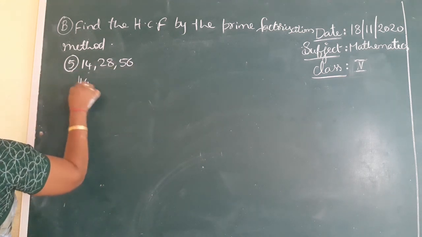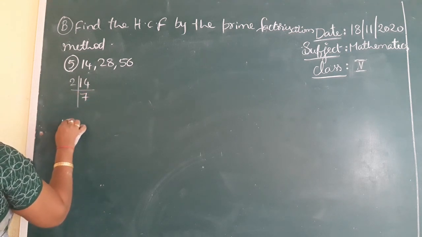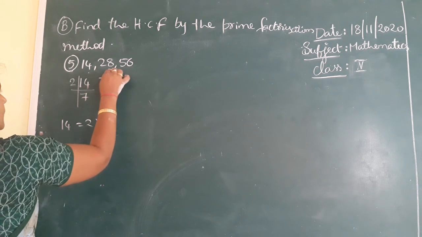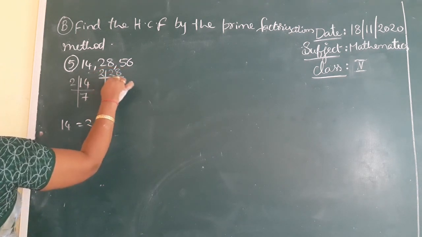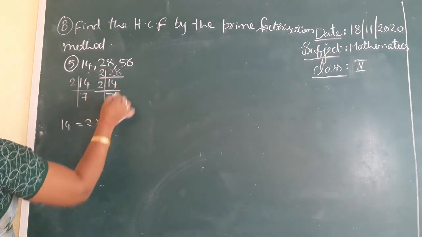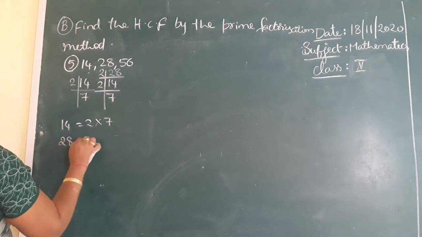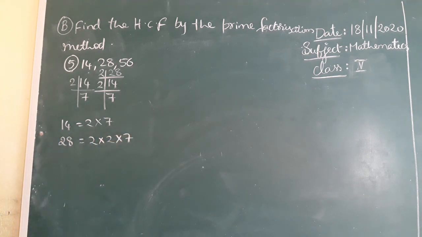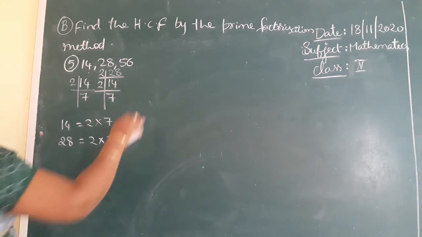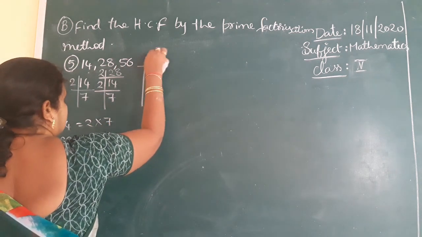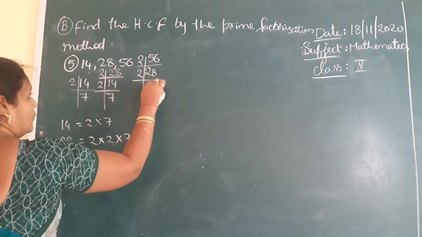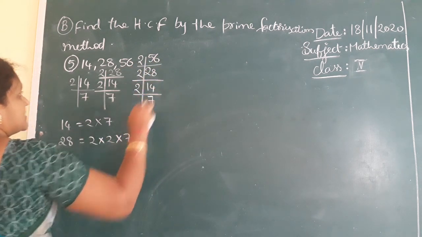14 factors. 2 sevens. 14 can be written as 2 into 7. 28 factors. 2 14s, 2 sevens. So 28 can be written as 2 into 2 into 7. Next one, 56. What are the prime factors of 56? 2 28s, 2 14s. 14 can be written as 2 sevens.